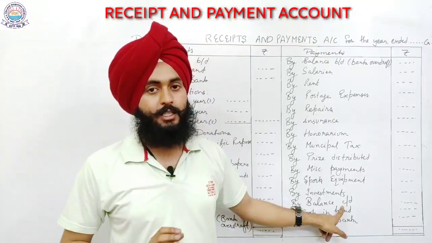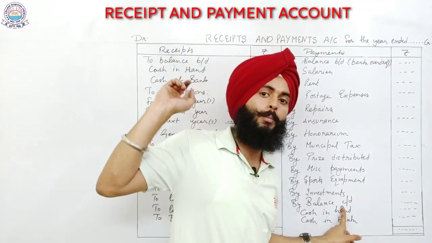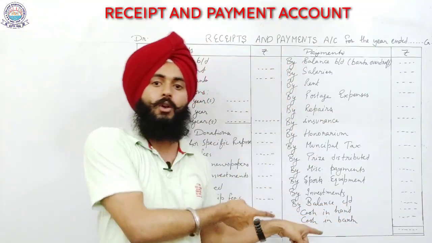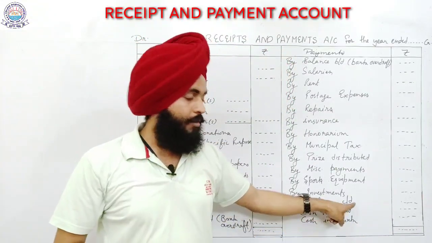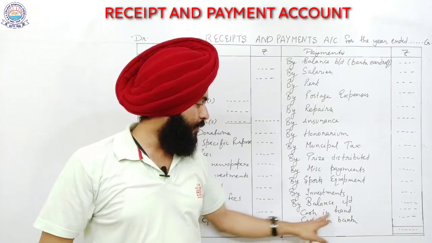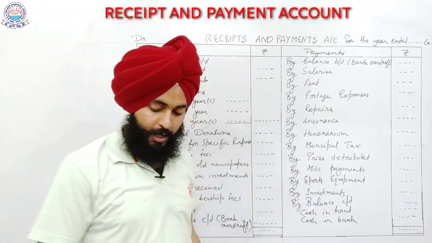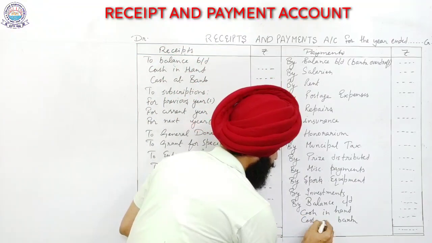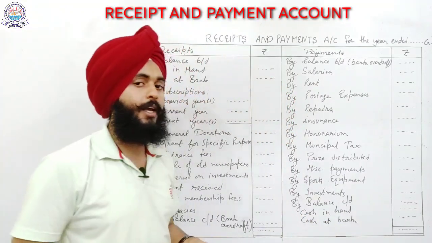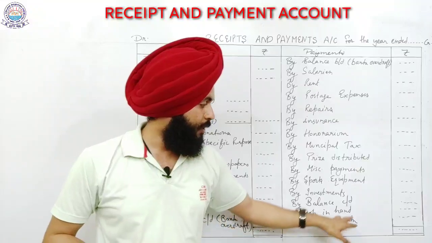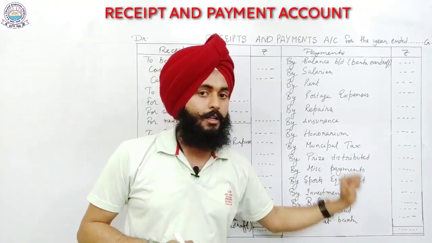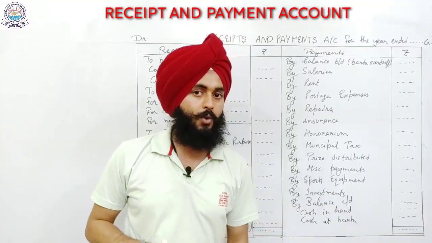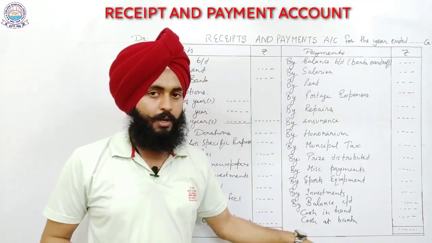Last, balance C/D. As we have opening balance, here we have closing balance carried down, cash in hand and cash at bank, we will write separately. And the last total: you know how to find the balance.